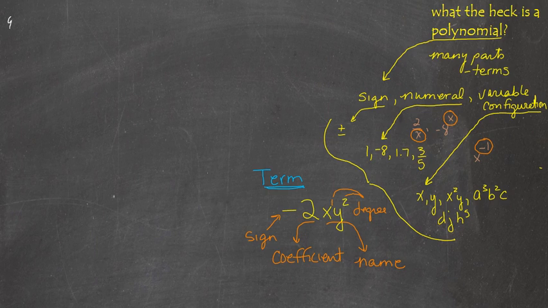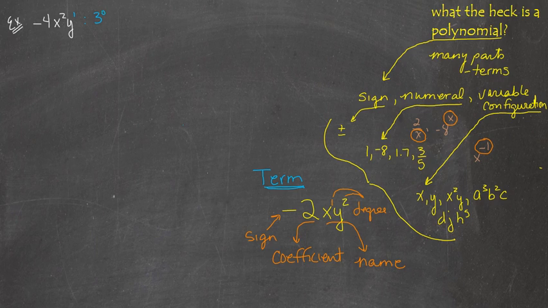All right, so let's do a couple of examples. First, determine whether this is a polynomial, -4 x squared y, and then name the parts. So there's a sign, there's a numeral, and there's some variable configuration. Definitely a polynomial. So what are all the ways we could describe this? We could say it's a third degree, right? 2, 3.